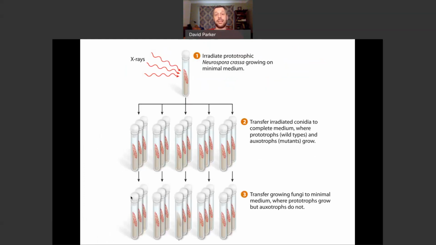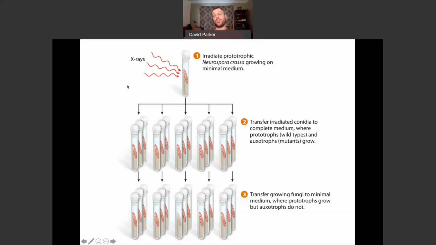So here's what they did. This is a tube of growing mold cells. These mold cells are growing on what is called minimal medium. What does that mean? That means these bread mold cells, they need all of the 20 amino acids that we use in biology.